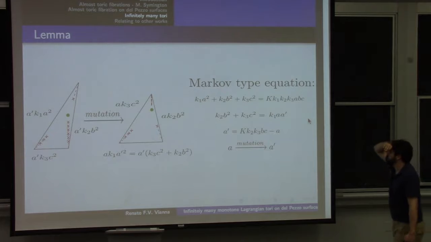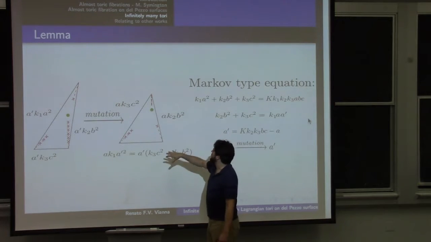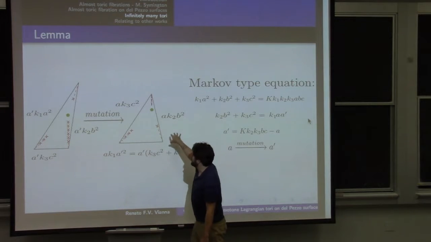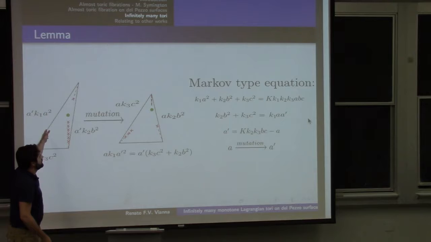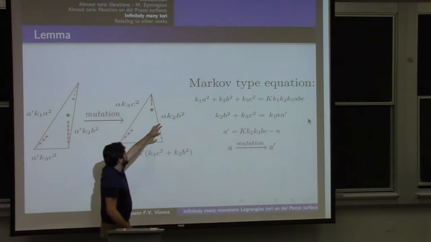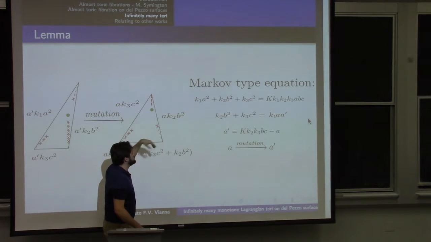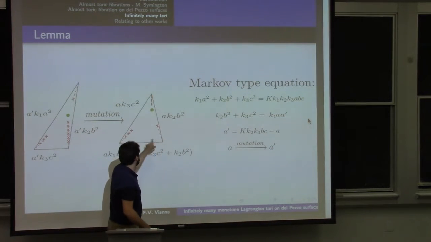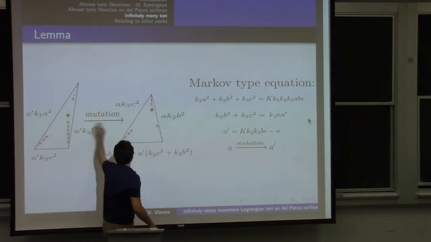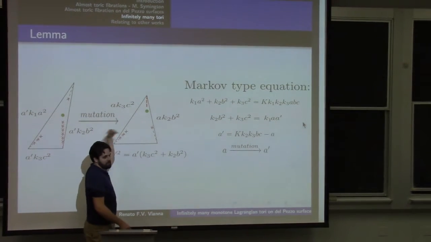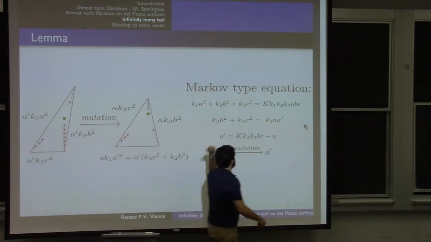Because I was so used to looking at the affine length of the edges of these diagrams, I proved a lemma with respect to the affine length of the edge. From this lemma, looking at the conditions of these being almost toric fibrations, you can get that the mutations also match the PQR equations.